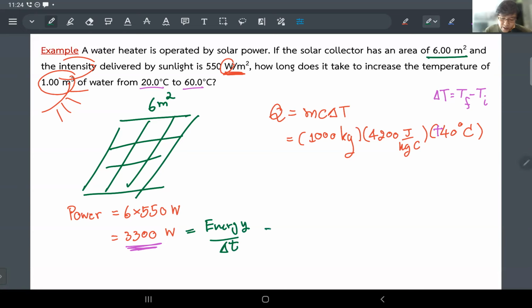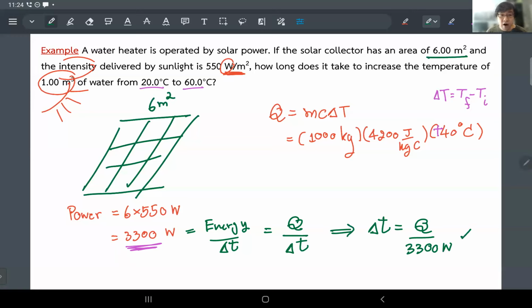So the energy that we are talking about right now is just that heat that we just calculated up top. So from here, you should be able to calculate how long it takes for this solar panel to warm up 1 cubic meter of water from 20 to 60 degrees Celsius, and you are done.